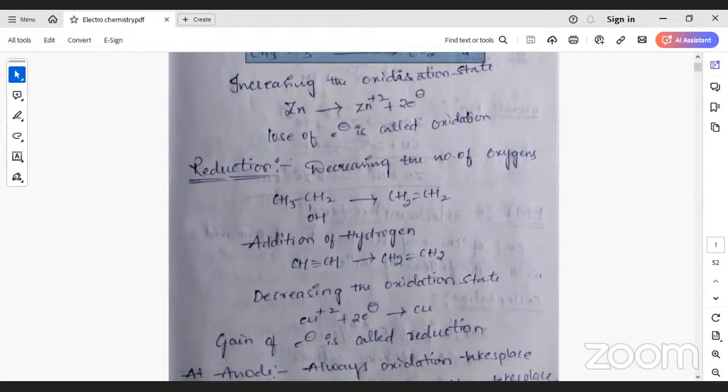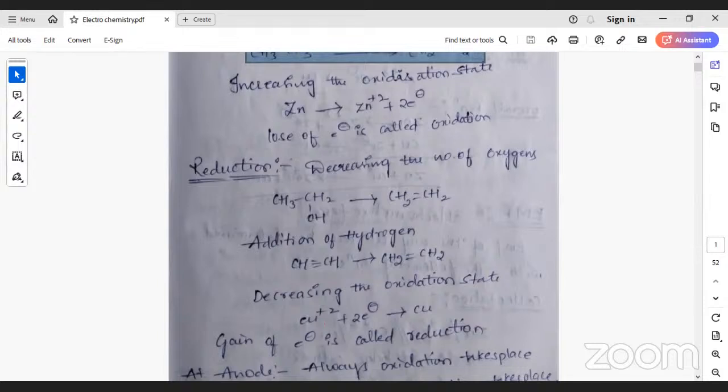Oxidation means, as we discussed earlier, loss of electrons. The process of loss of electrons is called oxidation. Therefore zinc gives rise to Zn plus 2 plus 2 electrons. The zinc loses 2 electrons, which travel through the zinc rod to the copper rod.